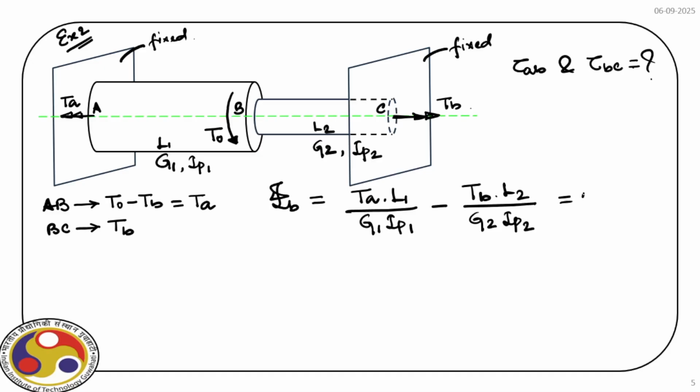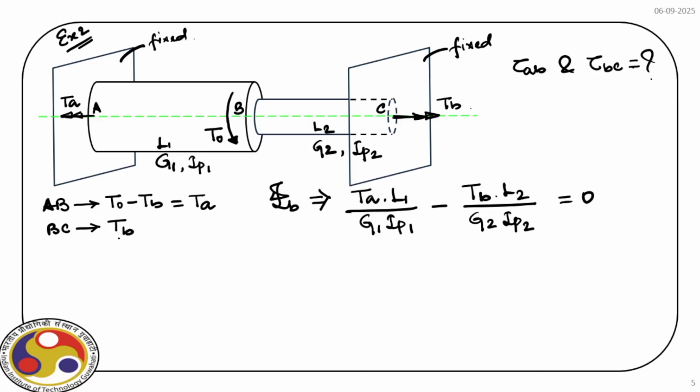This must be equal to 0, right? Because at the section B, we have the same amount of rotation to maintain compatibility between the two segments, right? So the angle between A to B is exactly the same as what we have for B to C.